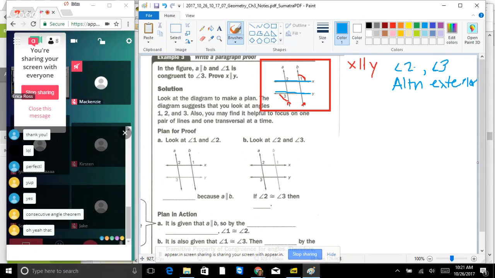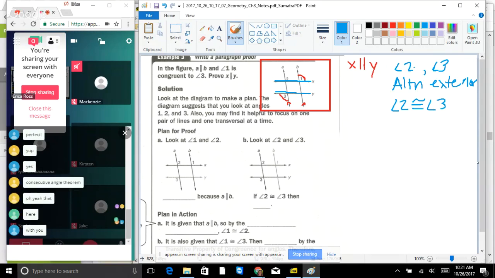So if we can show that angle 2 and angle 3 are congruent to each other, that would show that we have alternate exterior angles that are congruent, and then that would show that X and Y are parallel to each other. Did I lose you guys, or are you still with me? Still with you? All right, good.